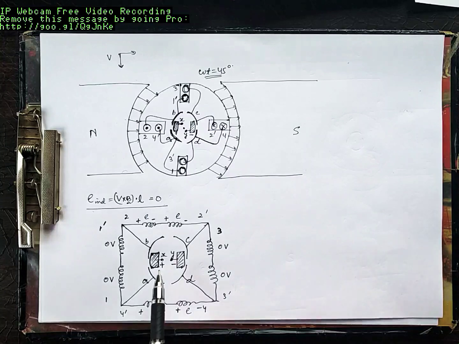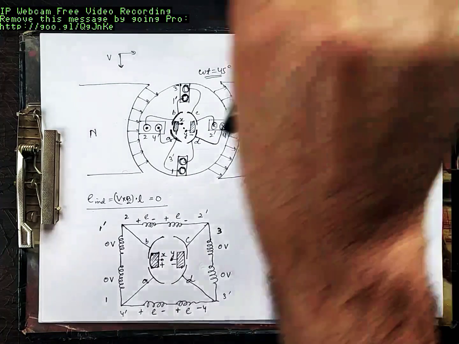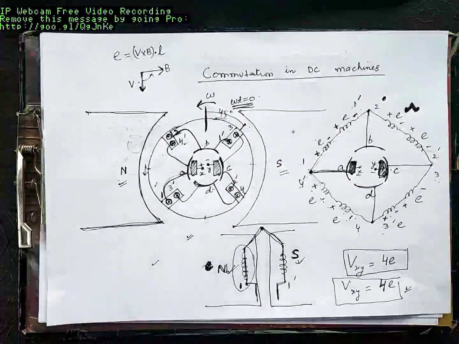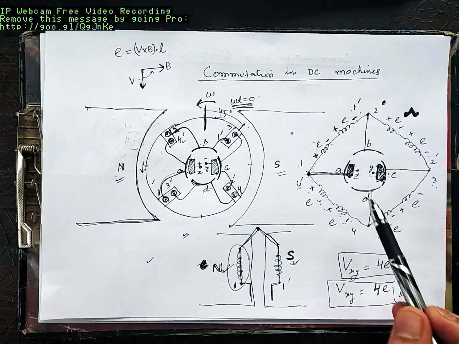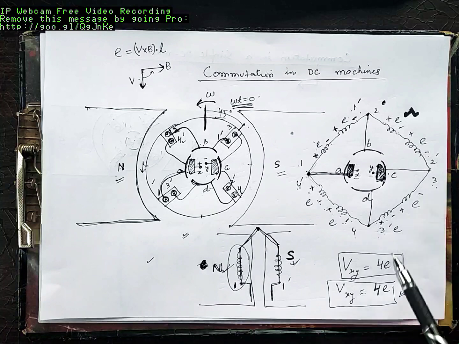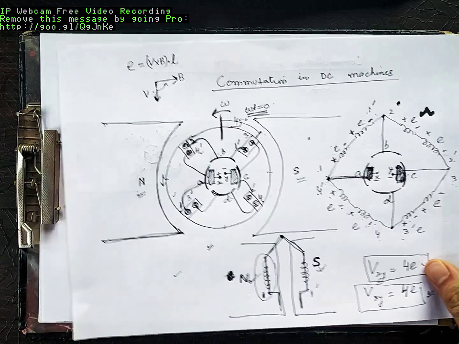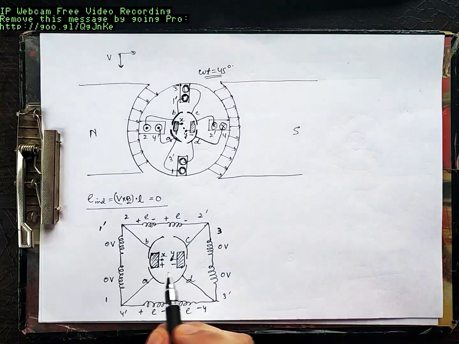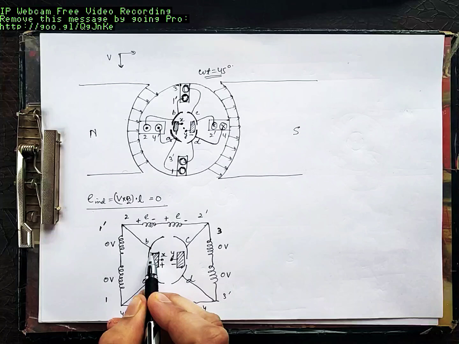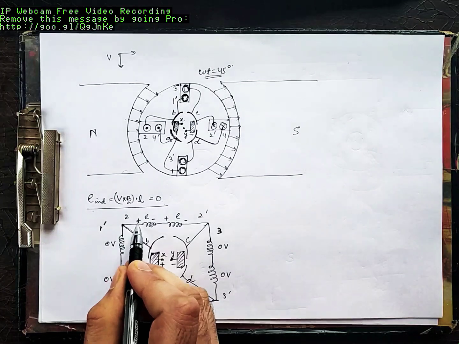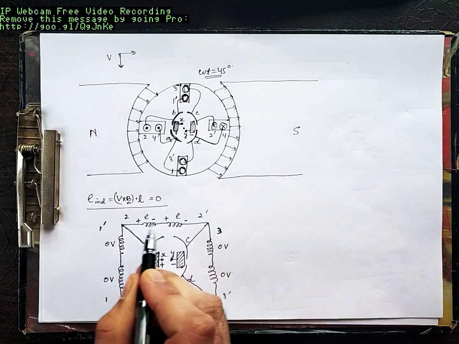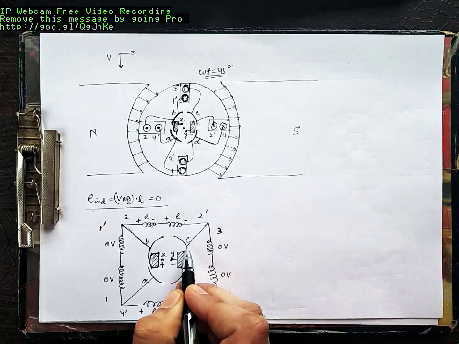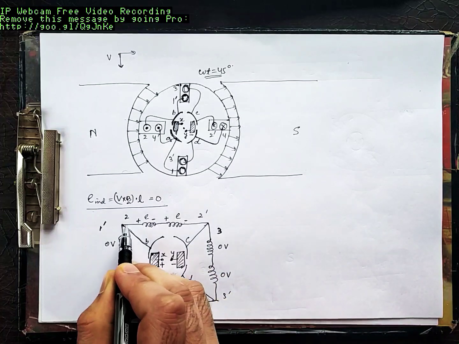let's check what is the voltage between X and Y. In the earlier case, the voltage between X and Y was 4E. In this case, let's start from here: plus minus E, plus minus E, that is 2E, back to Y. So the voltage between X and Y is only 2E.